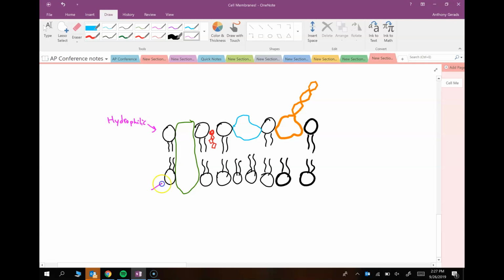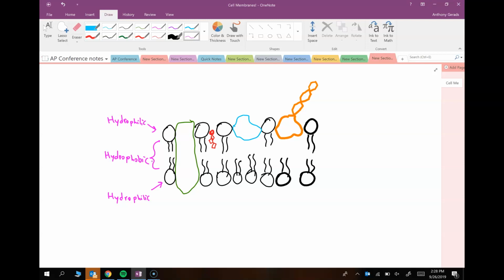What about this part right here? It's also hydrophilic. But what about the middle? Hydrophobic. So I've got these areas of charge, hydrophilic, hydrophobic.